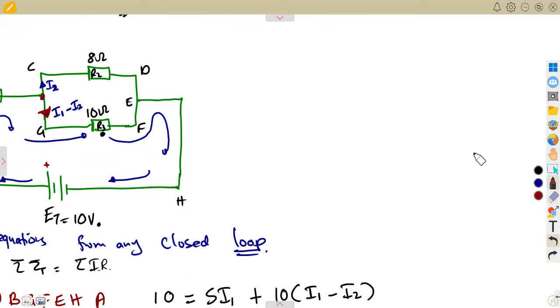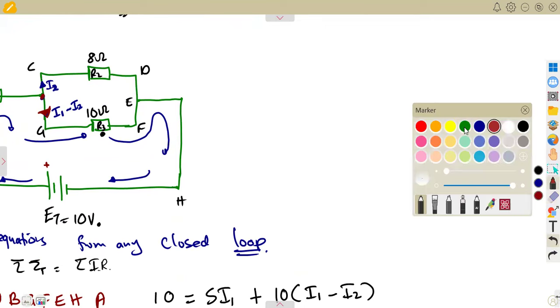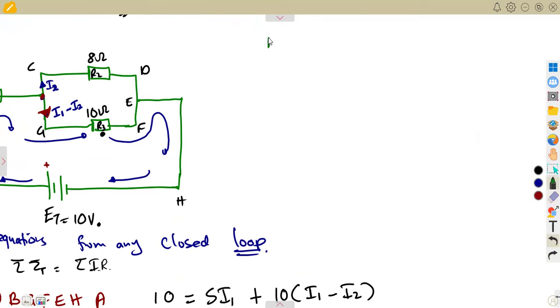So just for the sake of seeing properly our diagram, I'm going to consider another loop here. Which loop can we take? We can even take it from this one. This one is a closed loop from C to D, back to E, back to this point here.